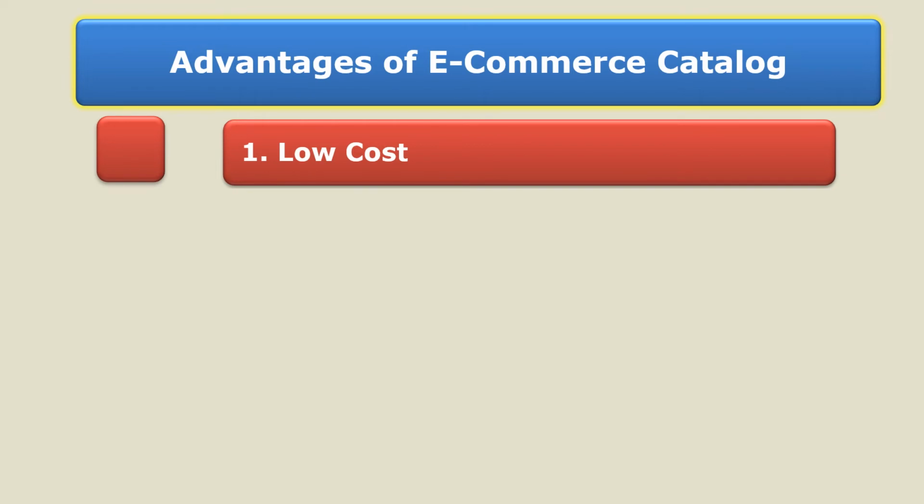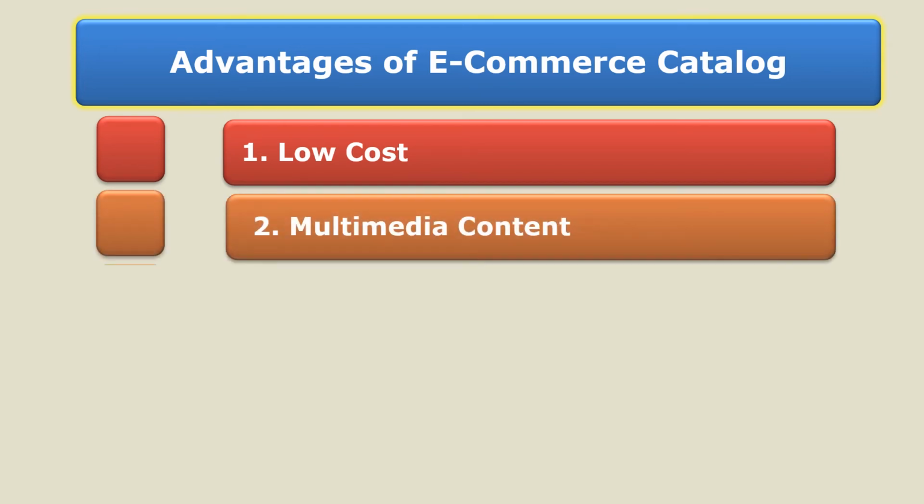So certainly the printed catalogs cost more, and their printing, distribution, all these things involve spending a lot of money. However, in case of online catalog publications, it is easy to publish them. Similarly, they cost very little when compared to printed catalogs. So the first advantage that we derive from e-commerce catalog is low cost.